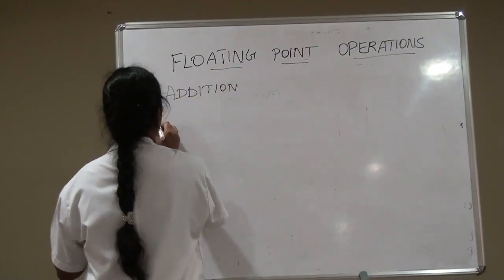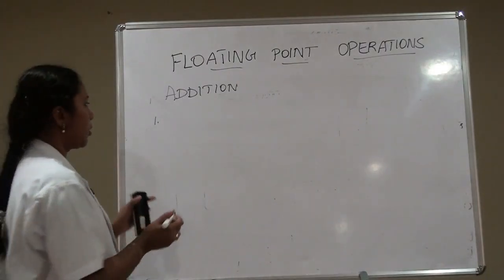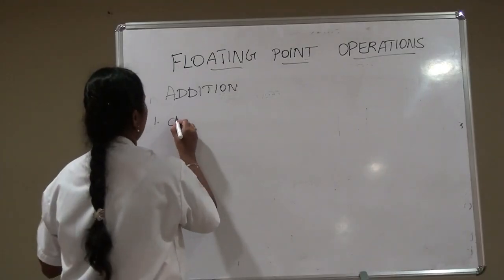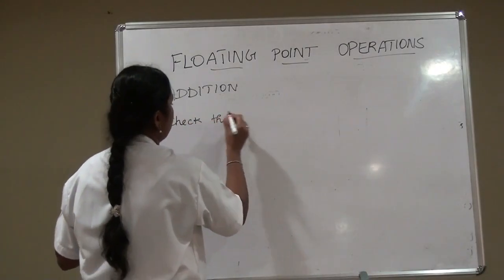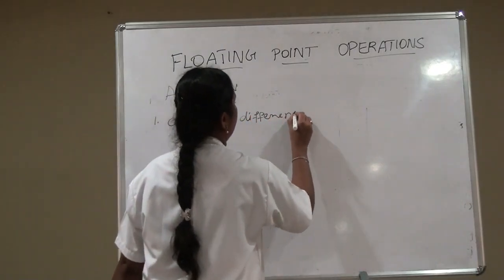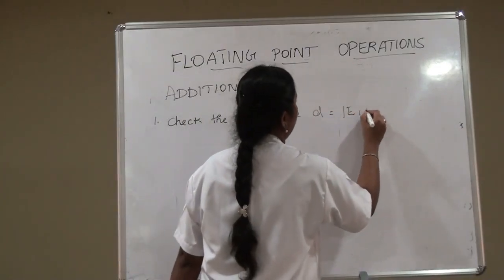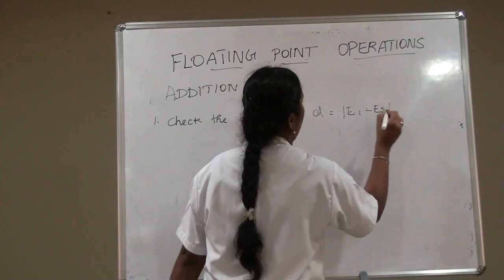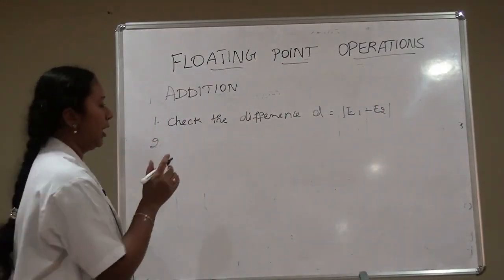It consists of certain steps. Let us see the steps first, then we will see an example. Your first step is to check the difference between the exponents. Check the difference D between the two exponents, E1 minus E2. The concept is we have to match the smaller exponent to the larger exponent.